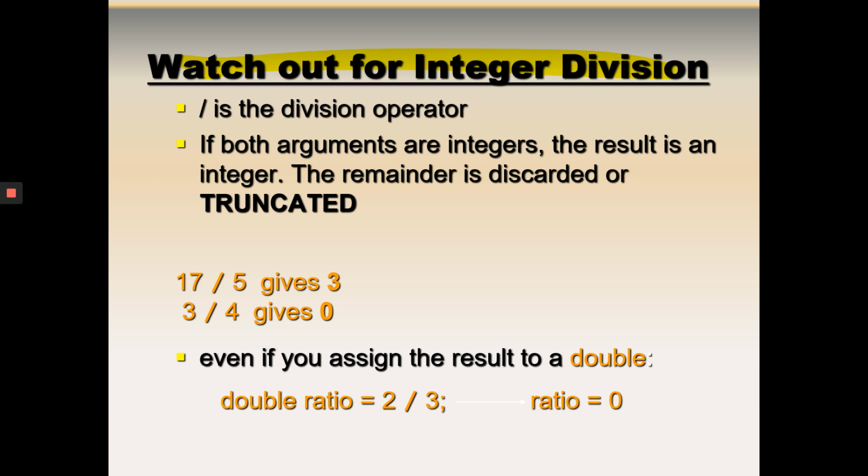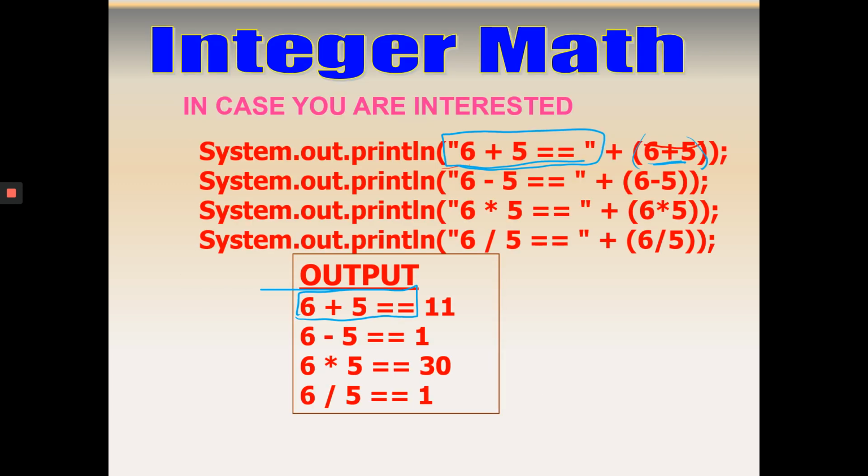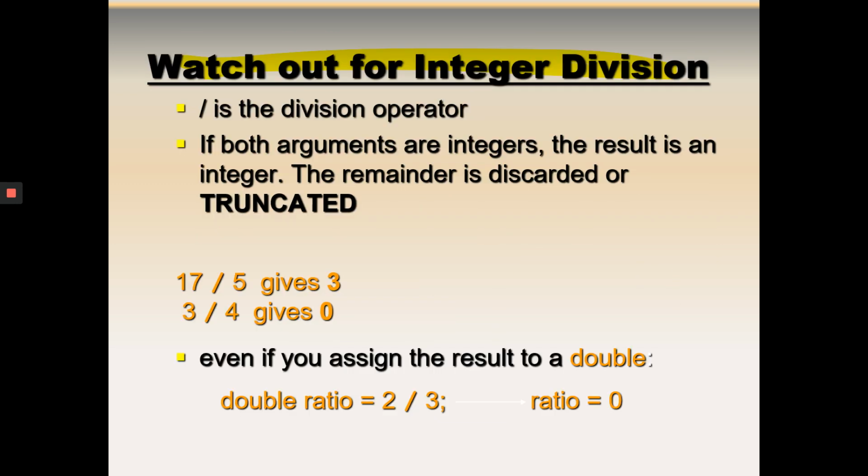Okay, so now integer division is a little tricky. If you notice here, 6 divided by 5 actually gives you 1. It doesn't give you 1 point whatever, it gives you just 1. But all the rest are calculated normally, and that's because what's on each side of the division is an integer. So with integer division, it does what's called truncating it.